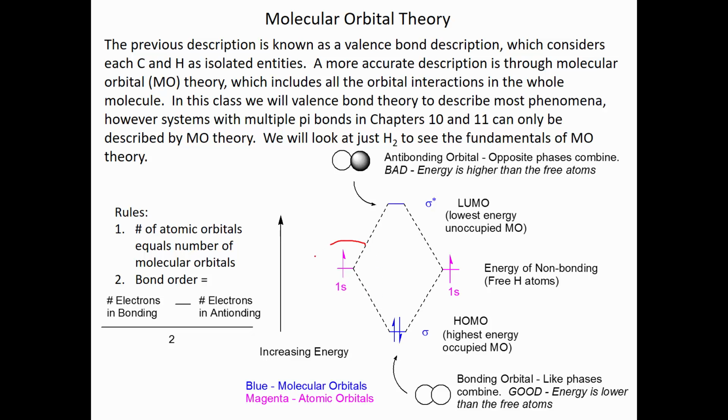So these are the atomic orbitals right here. We have two of them. We have to have the same number of atomic orbitals and molecular orbitals. So that means that we're going to have two molecular orbitals as well. And these are the orbitals in blue, in the middle of the diagram.